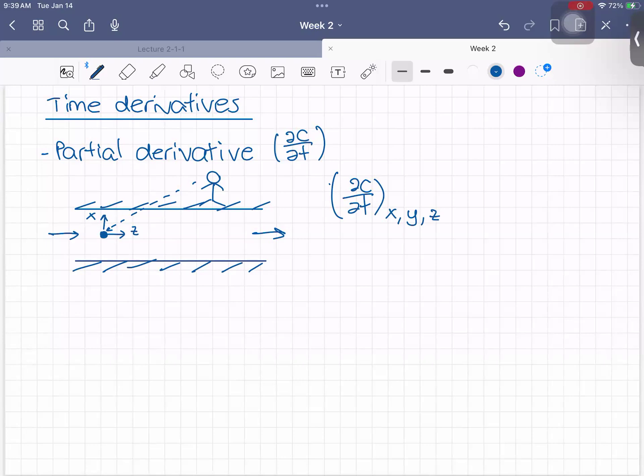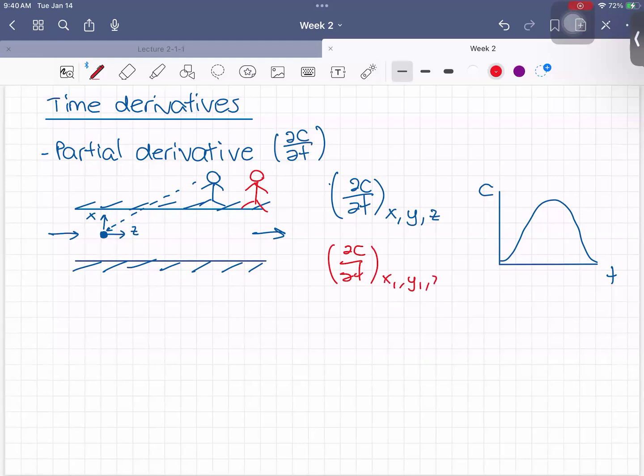So if I plot what he's observing with time, T and C, okay, what he's observing can be something like this, like the concentration starts to increase and then disappears, okay? But if we have another observer standing right here, at a different location, it will be dC by dt at x1, y1, z1, which is a different position from the other guy.